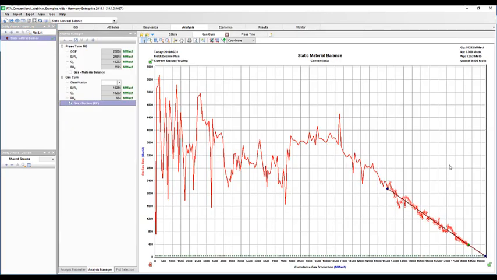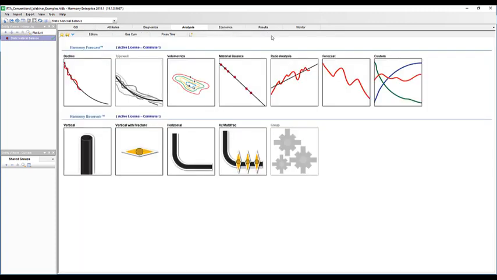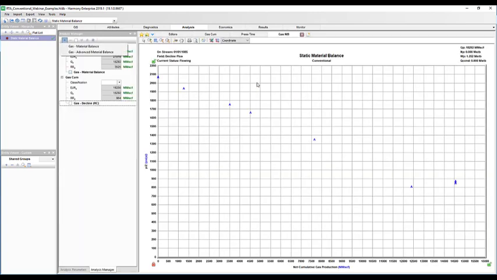So now looking at an example of static material balance on a gas well, you can see that I've already created my gas rate versus cum gas production decline on this well to give me an EUR of around 20 BCF. So let's then go ahead and do a static material balance. Now we can see the pressure points already, and we can see that reservoir pressure is decreasing as gas is being removed.